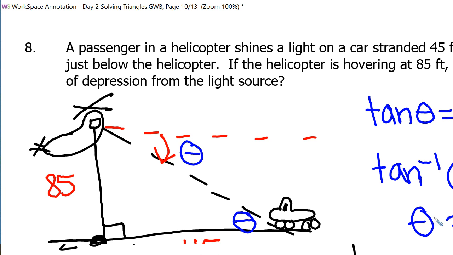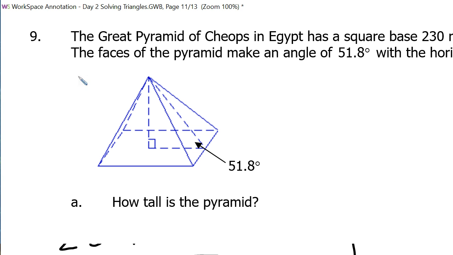Number 9, it says that the Great Pyramid of Cheops in Egypt has a square base, which is 230 meters on each side. The bases of the pyramid make an angle of 51.8 degrees with a horizontal, and here's the angle it's referring to. And part A, we want to know how tall is the pyramid.